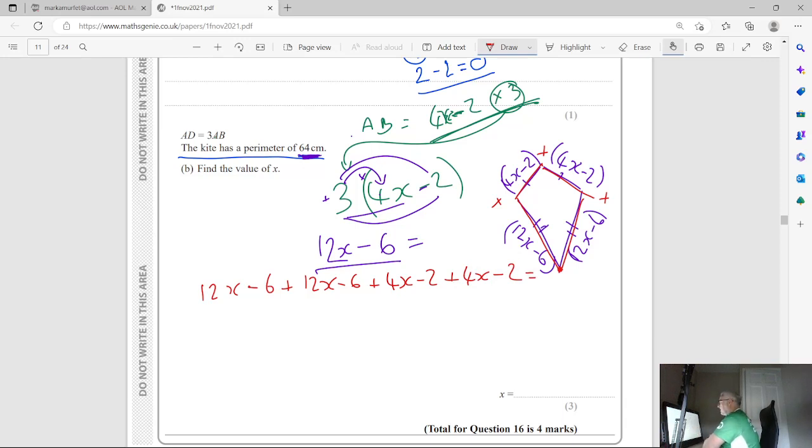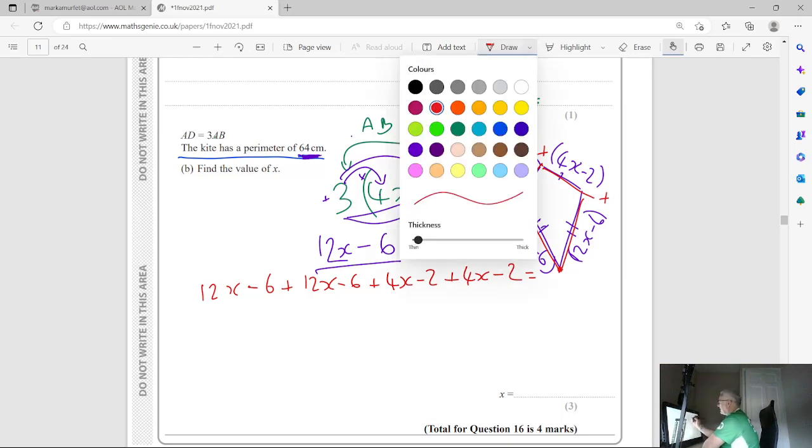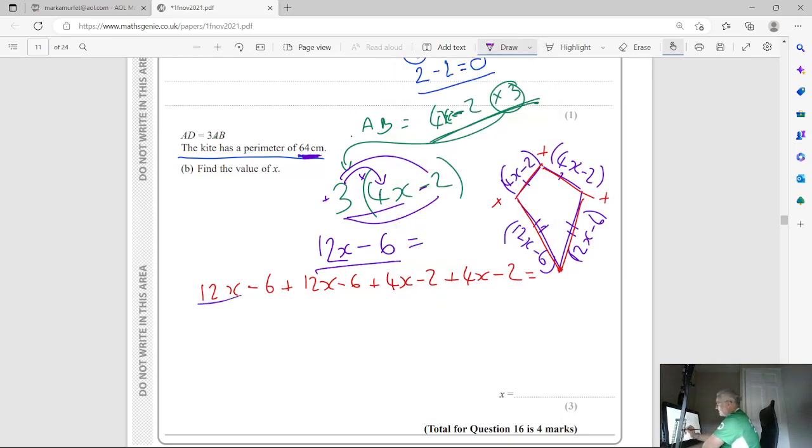Okay, think about how we've done collecting like terms before. So we've got 12 plus 12 gives me 24, plus 4 gives me 28, plus 4 gives me 32 lots of x.